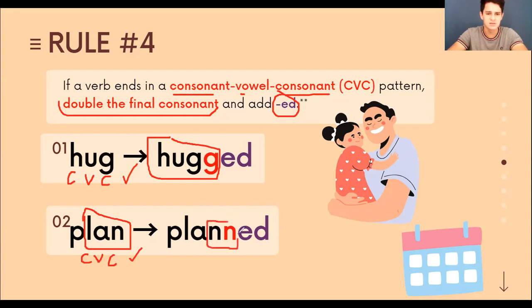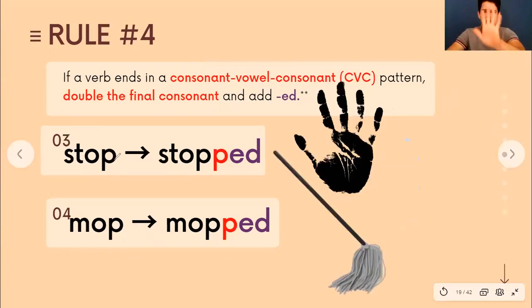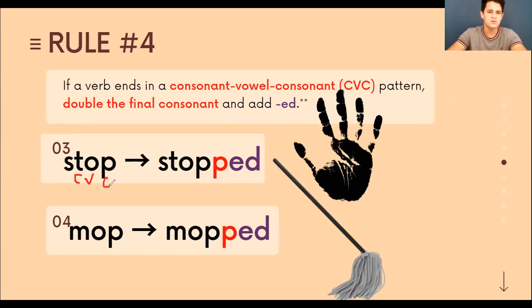Look at this, guys. Plan, plant. Okay. Next. For example, stop. Consonant, vowel, and consonant. I double the P and then I add the ED. Easy.